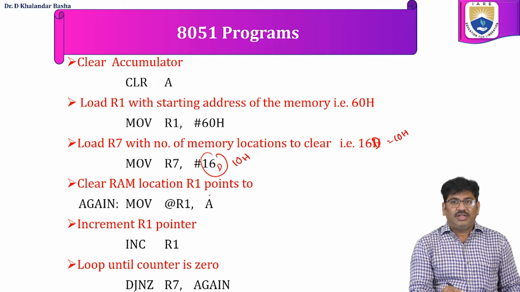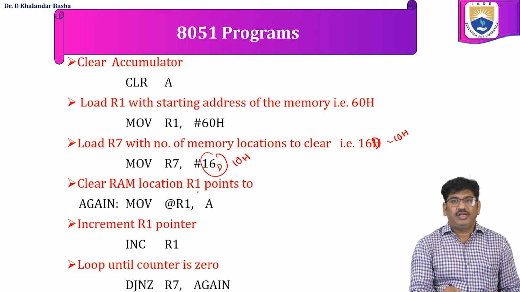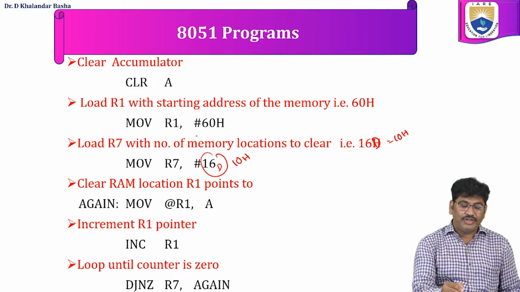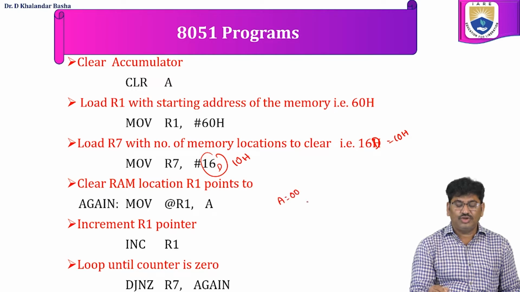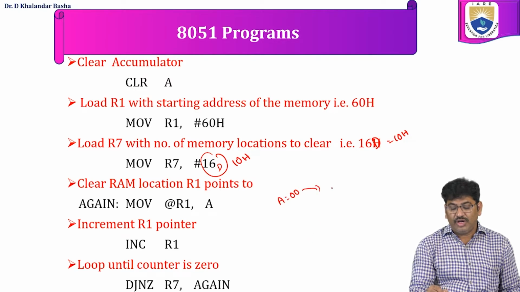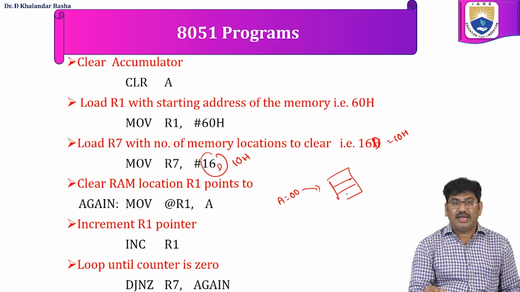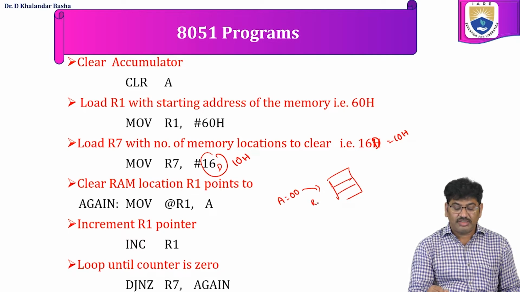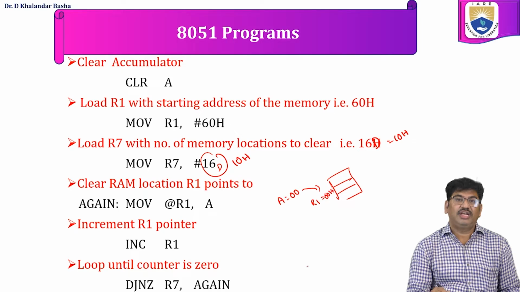Clear the RAM location which is pointed to by R1. The contents of the accumulator, which we cleared in the first instruction, is now 00. This will be loaded to the memory location whose address is in R1, which is 60H.